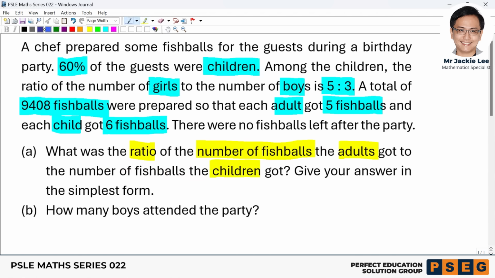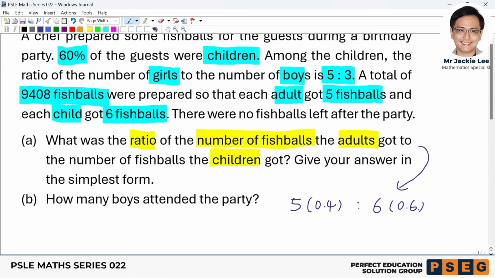So I think the working should be like this. This is adults to children. Adults get 5 fishballs, each child receives 6. But the ratio of people for adults is supposed to be 40%, so I put 0.4. For the children it is 60%, so times 0.6.